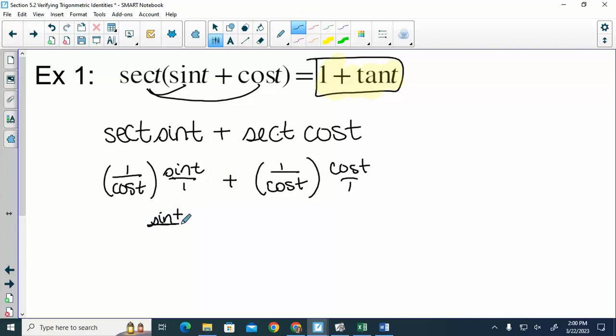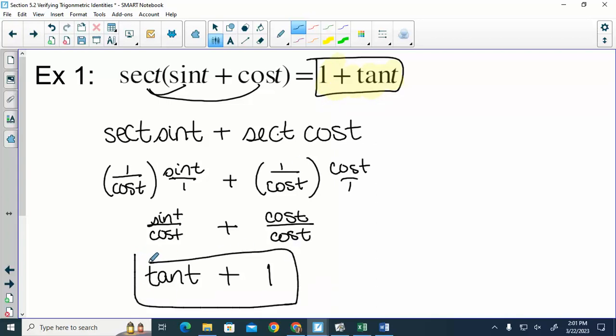Sine t over cosine t plus cosine t over cosine t. What is sine over cosine? And what is cosine divided by cosine? Is that the same as 1 plus tangent t?